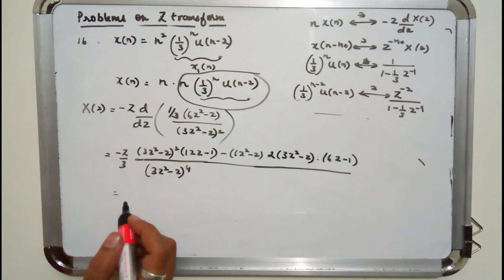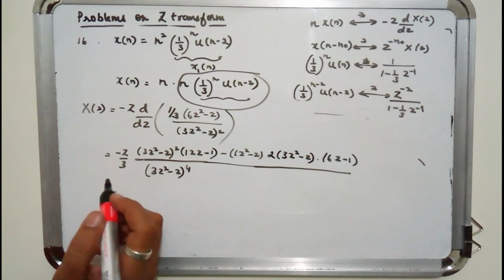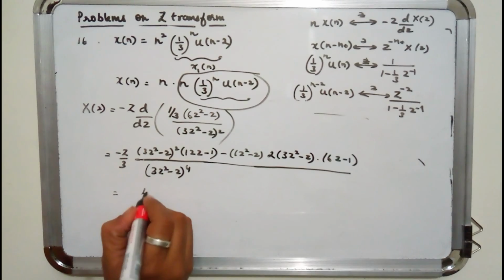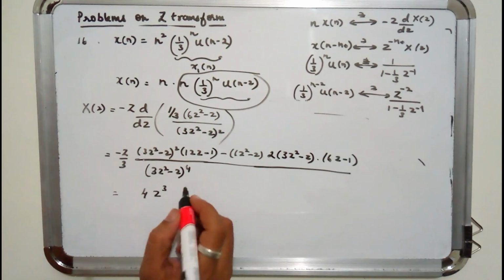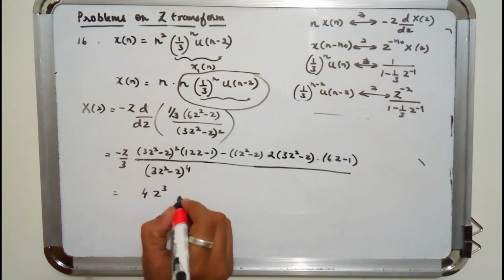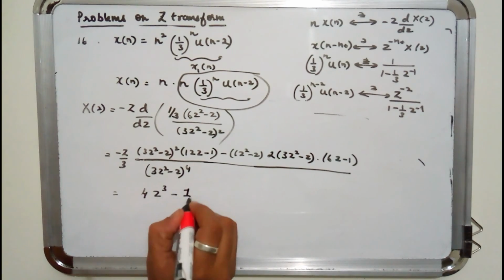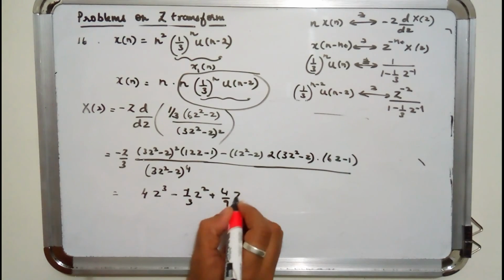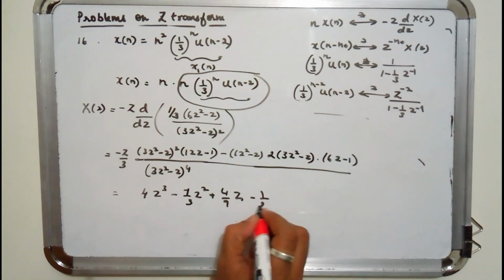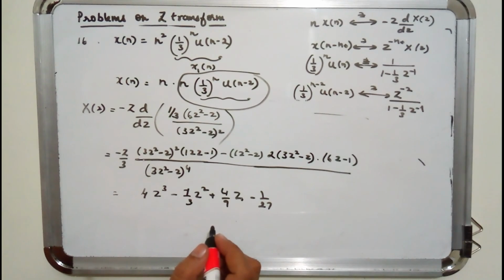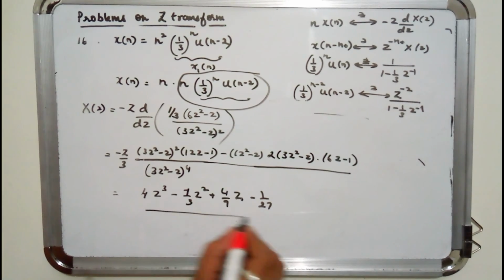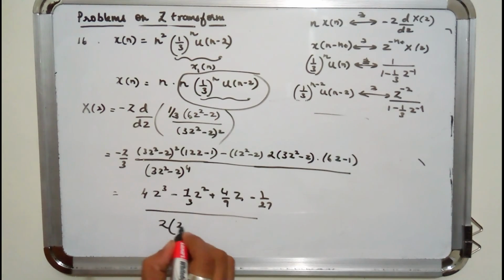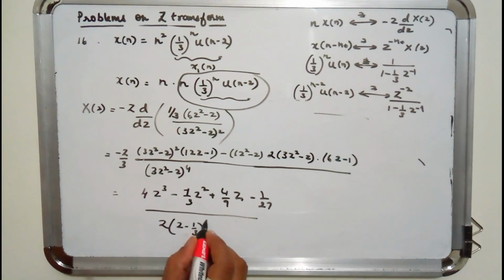So if you simplify this further, you will be getting the final answer, which I will be writing down here. It is 4z cube minus 7 by 3z square plus 4 by 9z minus 1 by 27, divided by z into z minus 1 by 3 power 4.